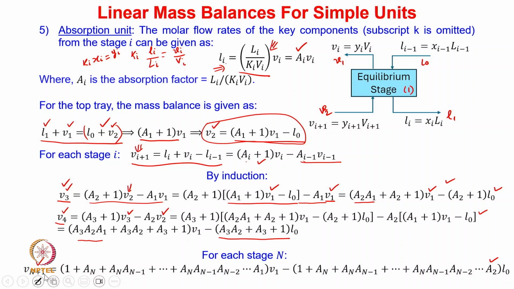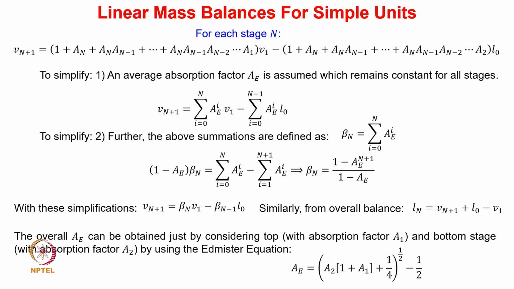Once we have obtained the expression for Vn plus 1 by using induction, this entire equation we can write in terms of summation. So this is the equation which we have obtained.